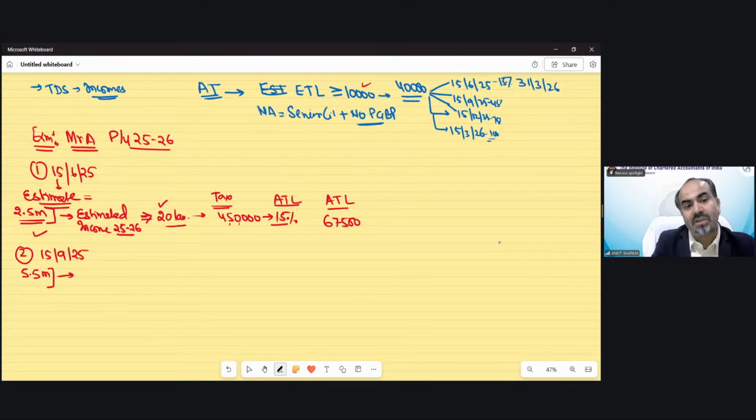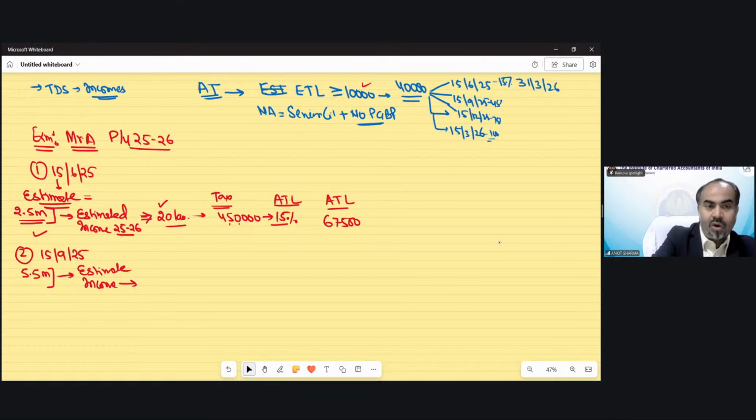So after 3 months, income tax wants to estimate again. Now give me an answer. Would the income estimation after 3 months be equal to what we have taken on 15th of June, 20 lakh? It could change also.